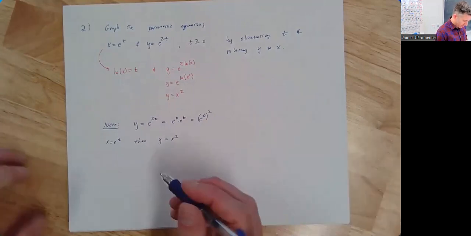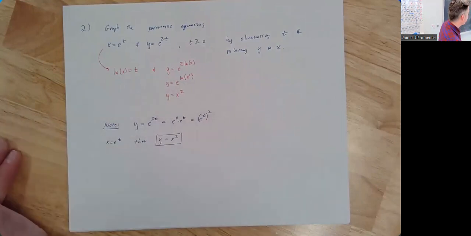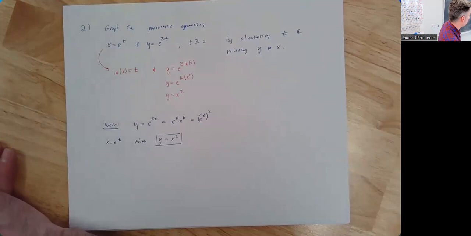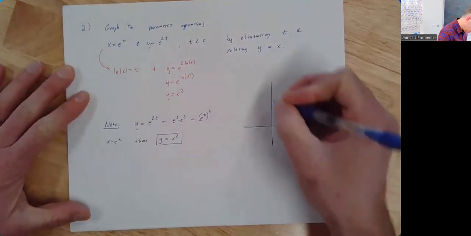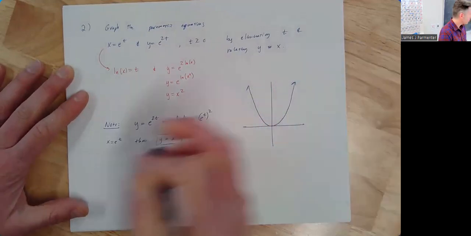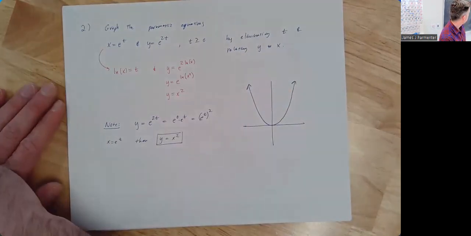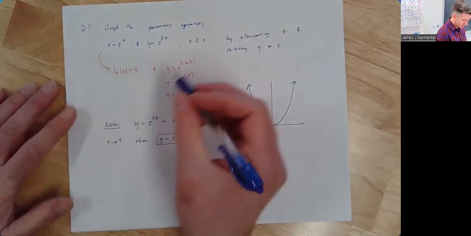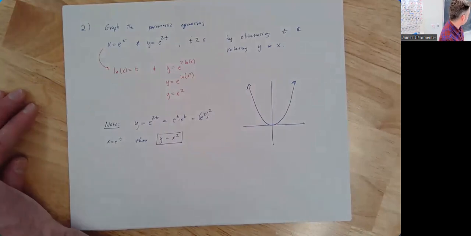Now, I'm going to point out, I'm graphing y equal to x squared, but I'm not getting the entire graph. So I'm going to show you this here. This is not the graph that I want. Because, well, first of all, t is greater than or equal to 0. So if t is greater than or equal to 0, where does my graph start?